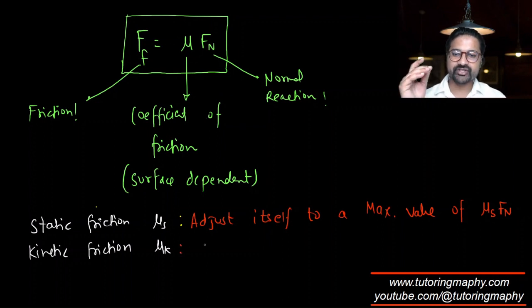However, kinetic friction is a constant force which cannot adjust. It only comes into action when the block is actually moving, and its value is mu k times normal reaction.